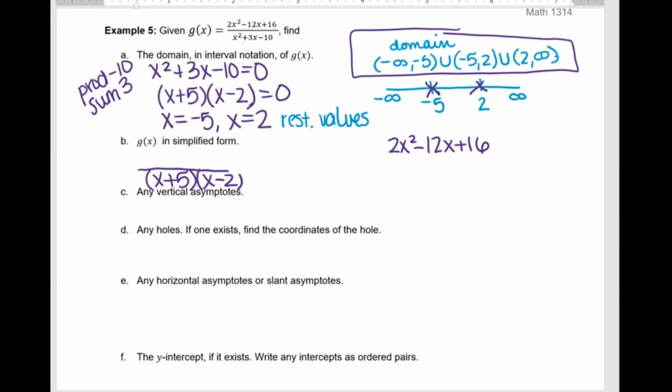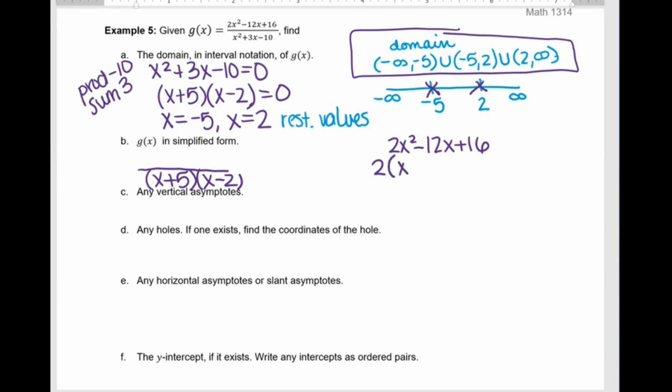Our GCF, we start with the smallest number, 2. 2 does go into 12 and 16. So we know our GCF is going to include a 2. Ask yourself if it includes an x. Does every term have an x to contribute? Because the 16 does not have an x to give, our GCF is only 2.